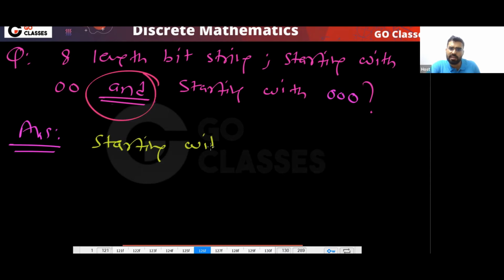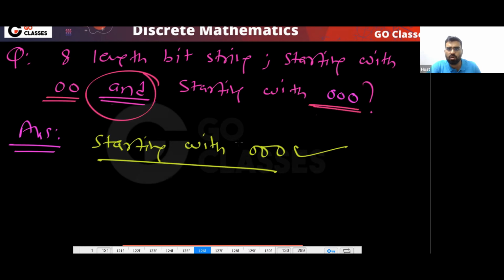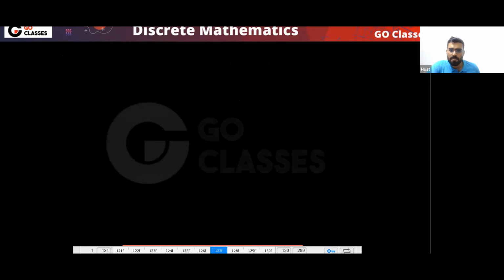These are nothing but starting with 000. Every string that starts with 00 and starts with 000 is nothing but starting with 000. So that will be 2 power 5.